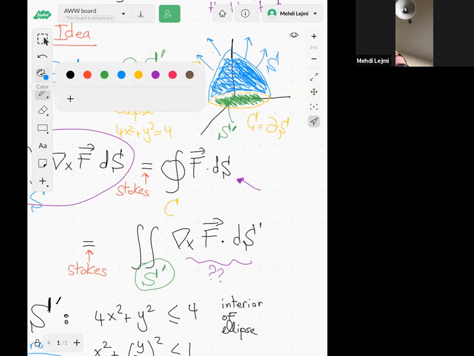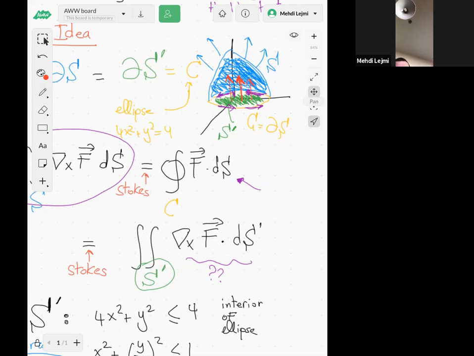The orientation of the curve C was counterclockwise. The orientation of S prime must be consistent with the boundary C, which is counterclockwise, so it also has a non-negative K component. It must be in this direction. That's the orientation of S prime.